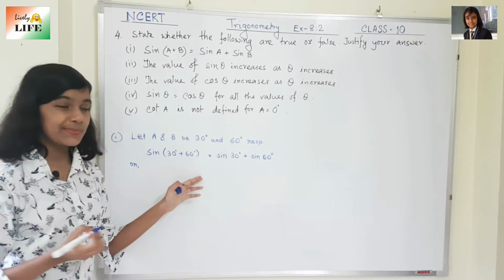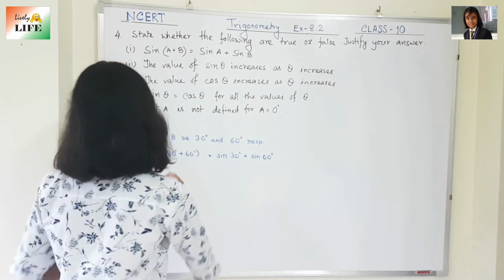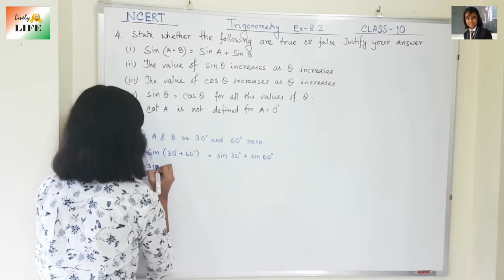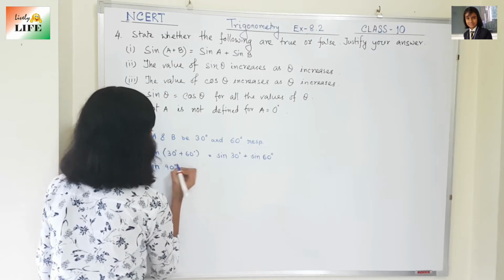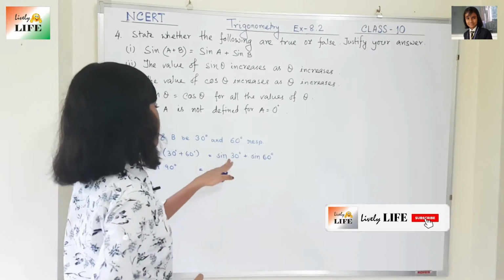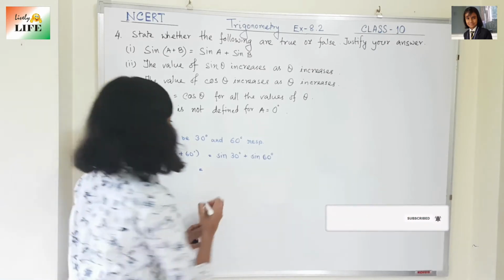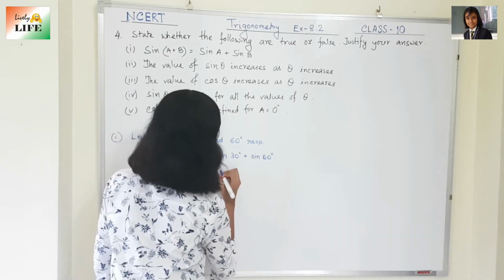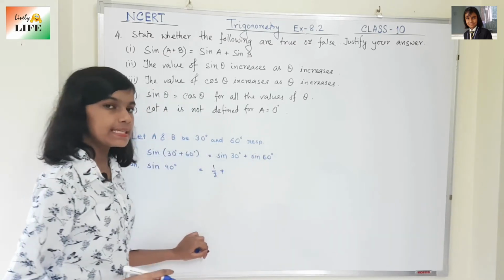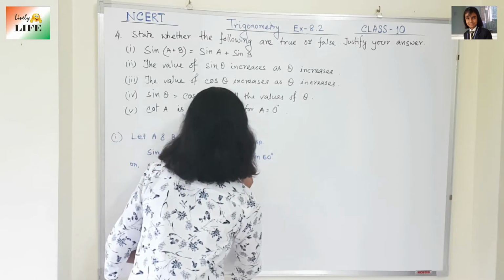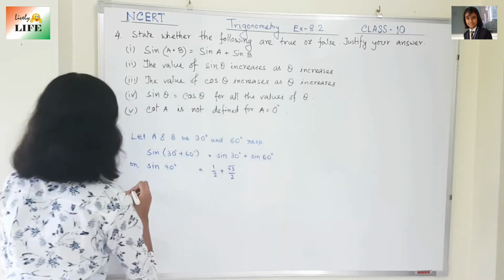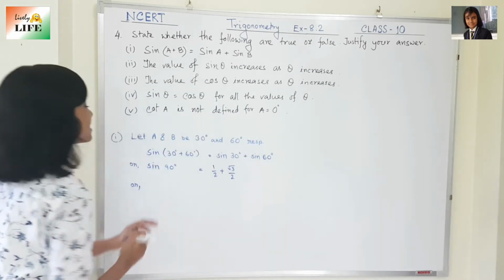So what is 60 plus 30? It is 90, right? So sine 90 degree is equal to, what is sine 30? Sine 30 is 1 by 2 and sine 60 is root 3 by 2. And what was sine 90?